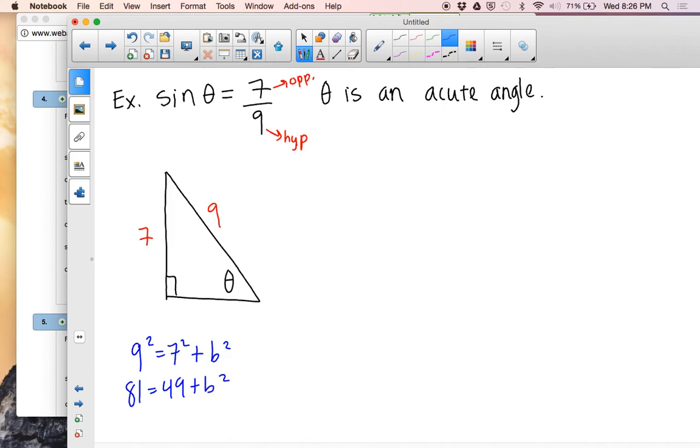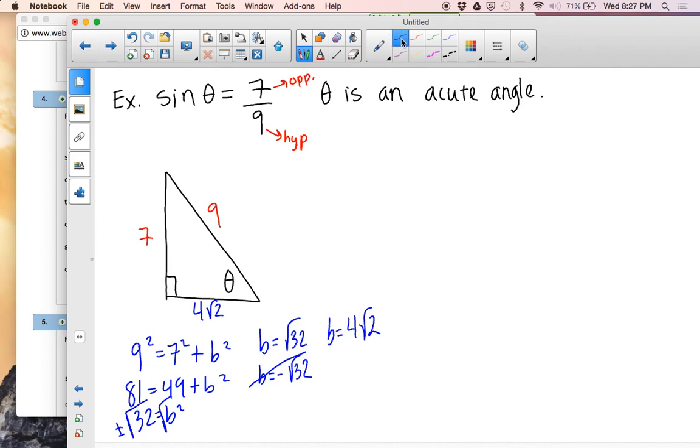So 81 minus 49 is 32 equals b squared, square root, add my plus or minus. So b equals positive square root 32 or negative square root 32. And you guys know that we don't want the negative answer. I'm going to simplify my radical. So this simplifies to be 4 square root 2. If you forgot how to do that, then you can ask me separately, but that's just an algebra 2 skill, simplifying your radical. So this ends up being 4 square root 2 here.